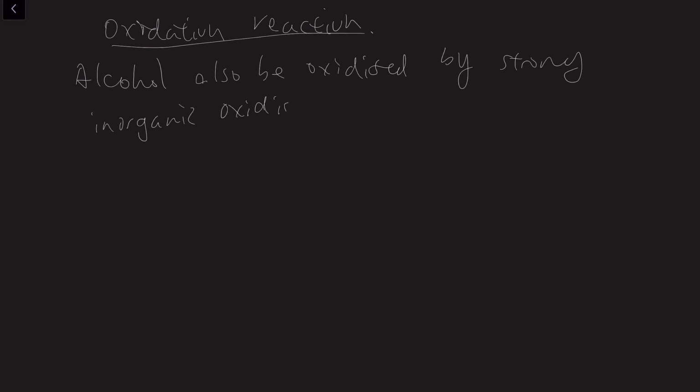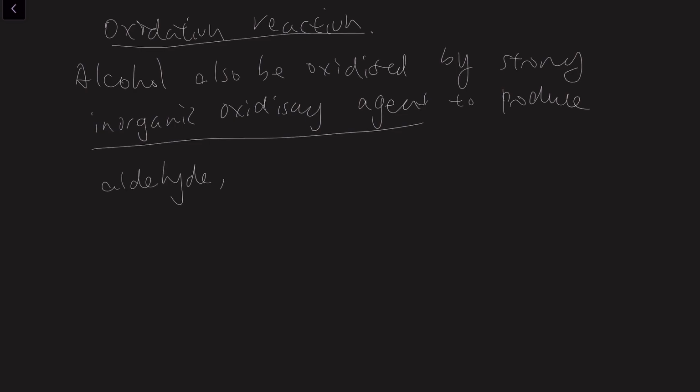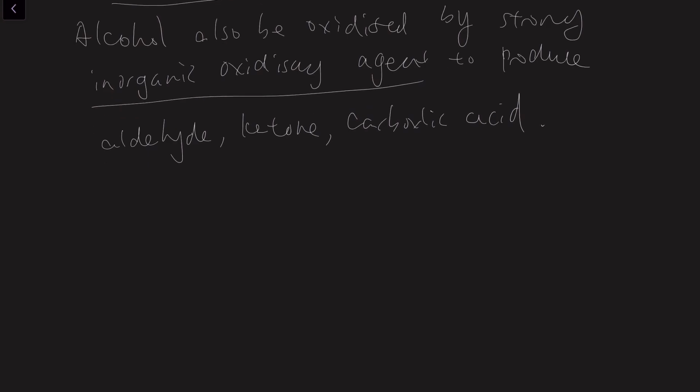So in this case, it is no longer oxygen that is the oxidizing agent. When we do this kind of reaction, we can produce three things: aldehyde, ketone, and carboxylic acid, depending on which type of alcohol and which type of oxidizing agent we have.